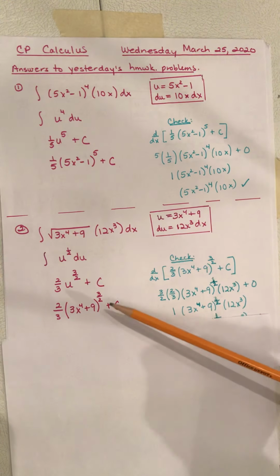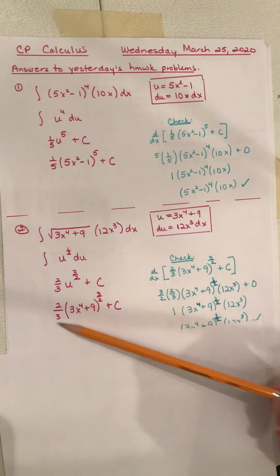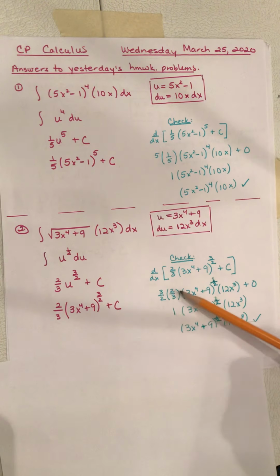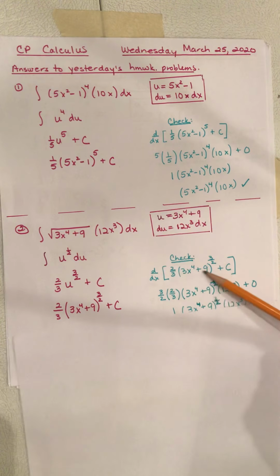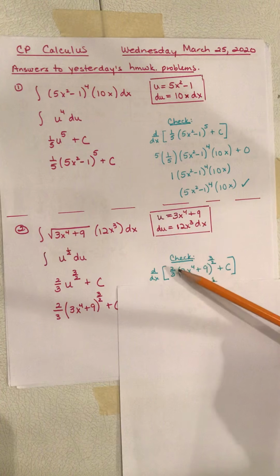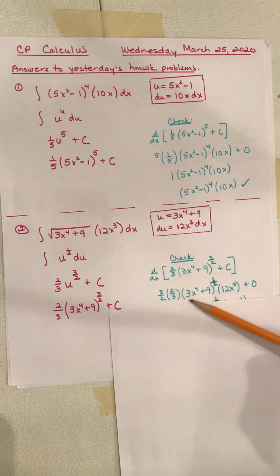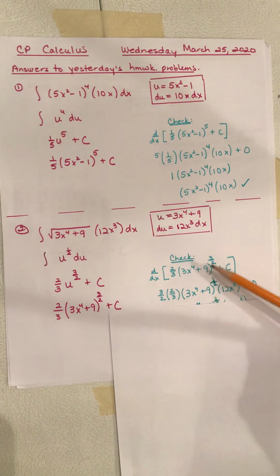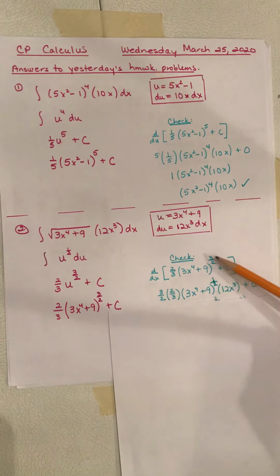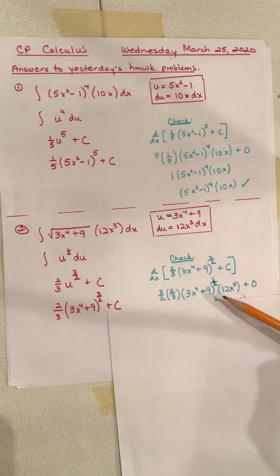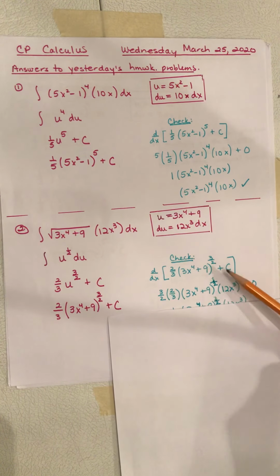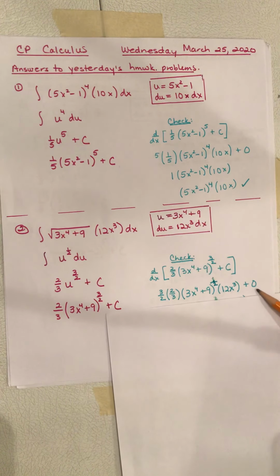Now let's check it. So we take the derivative of the answer, and here's our answer, 3/2 times 2/3. Keep the base the same, 3x to the fourth plus 9. Subtract 1 from the exponent. 3/2 minus 1 is 1/2. Take the derivative of the inside function by chain rule. We get 12x cubed, plus the derivative of the constant, which is 0.